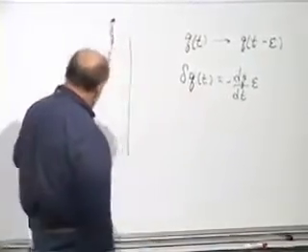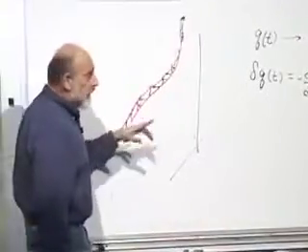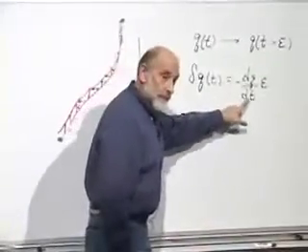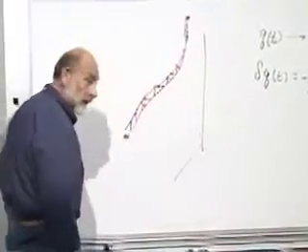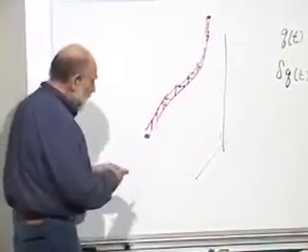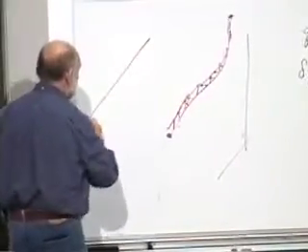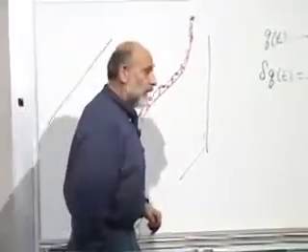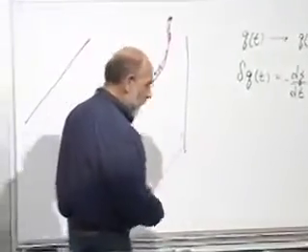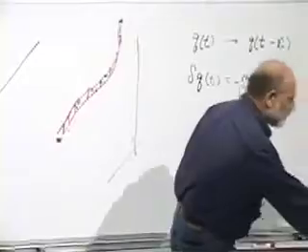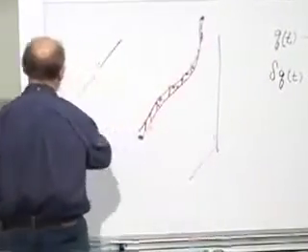So the fact that there's a horizontal shift is because there's a velocity, because the trajectory is tilted, if you like. Let's suppose the trajectory is tilted this way, okay? And let's move it upward. Let's push the trajectory upward in time.